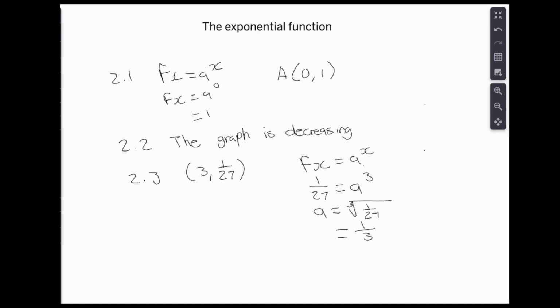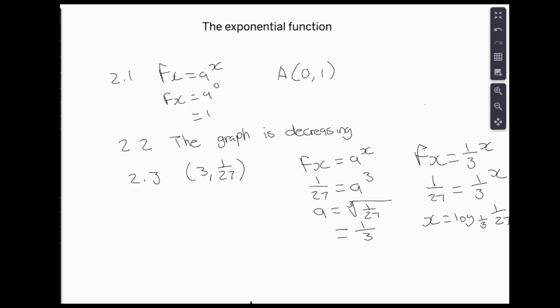Okay, now we know what f of x is. So we know that f of x is equal to 1 over 3 to the power of x. We're going to test this. Then we're going to say if y is 1 over 27, equals 1 over 3 to the power of x, then x is equal to log base 1 over 3 of 1 over 27.